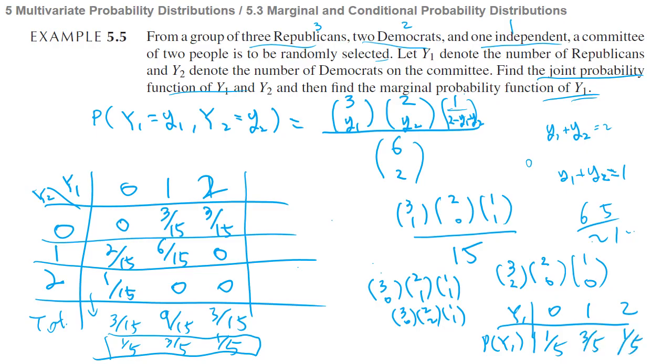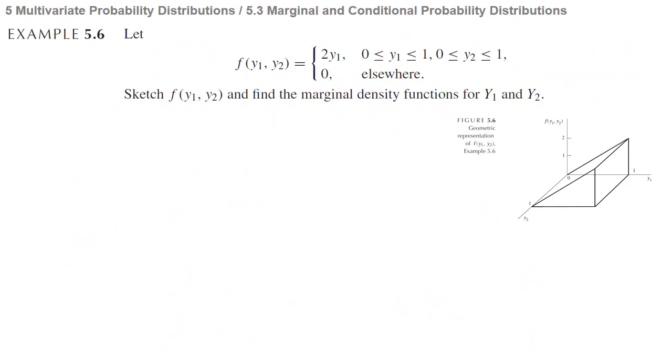Okay. Now let's move on to example 5.6. Let f(y1, y2) be defined like this. Sketch f(y1, y2) and find the marginal density functions for y1 and y2. The sketch is in figure 5.6. The density function is defined on this region. y1 is defined from 0 to 1, and y2 is defined from 0 to 1.